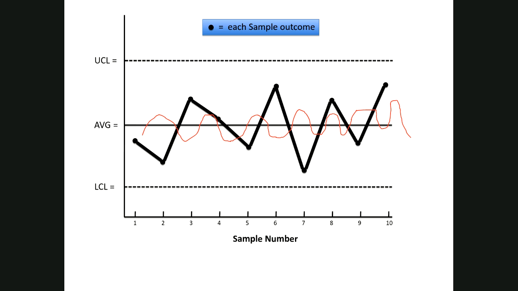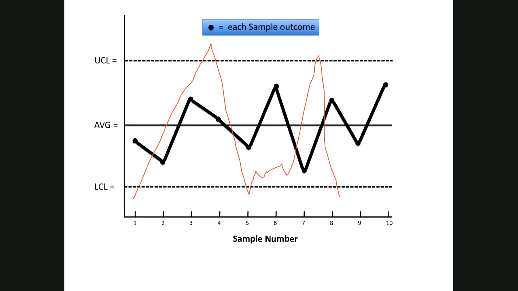And then of course, we don't want the case where we have some points below or some points above. And in any case, the plot that plots out, this would be a case where the process is not in control. And we'll look more at that as we go forward.